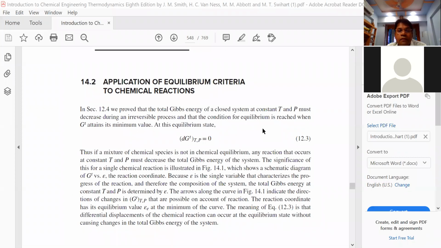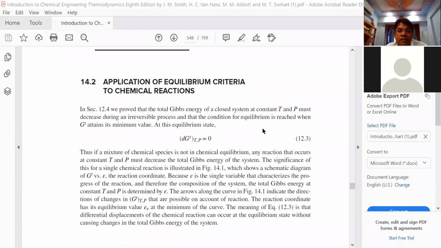So you know that if a reaction can proceed, the Gibbs energy decreases.